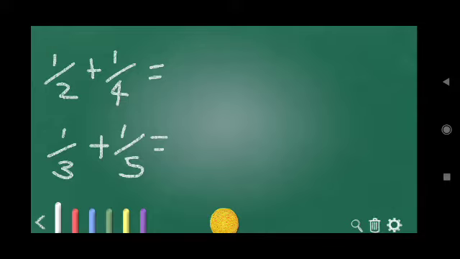As an example, we have 1/2 plus 1/4. To add these two fractions without the LCD, all you have to do is multiply these two numbers. You have 1 times 4, which gives you 4. Then, since the operation symbol is plus, that will be plus.